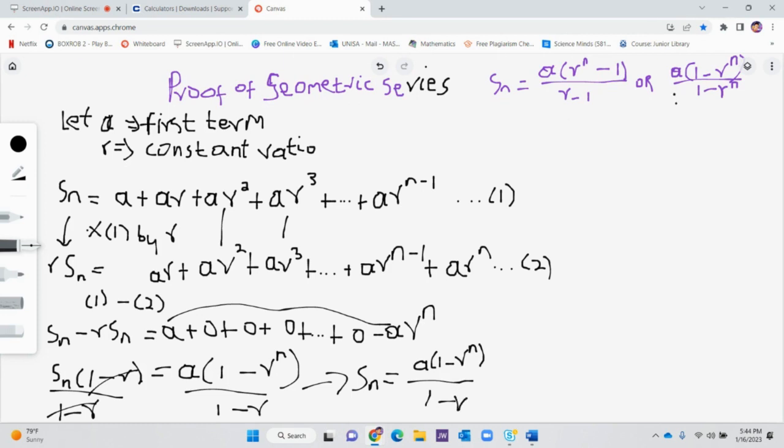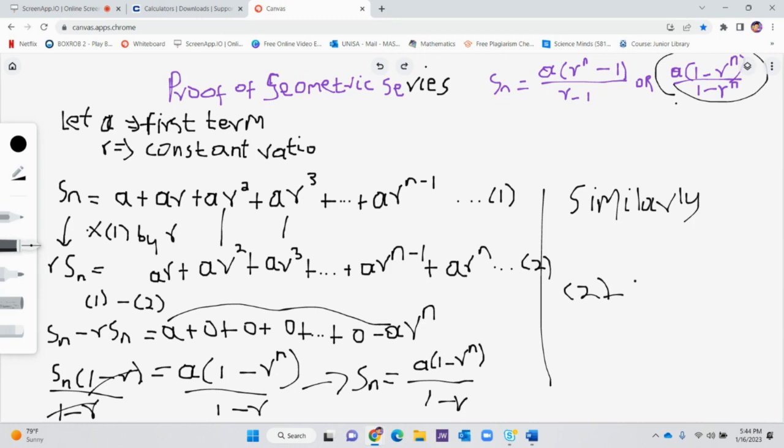So we proved this formula. And then you go on and say similarly, if we were to say equation 2 minus equation 1 instead of equation 1 minus equation 2, then it was going to give us Sn is equal to a into r to the power of n minus 1 all over r minus 1.